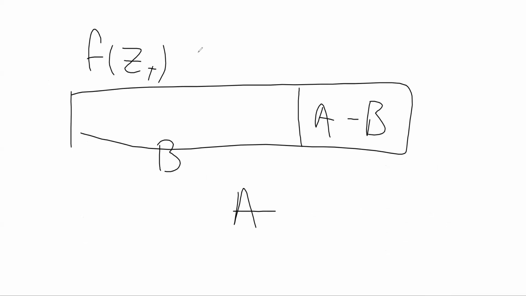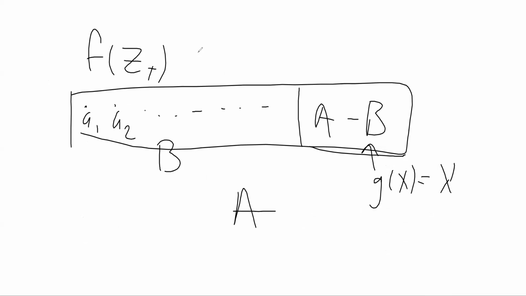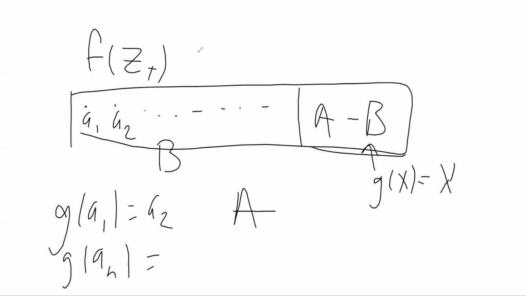And we define a function G. The way we define it is that for all stuff in here, G(x) is equal to X. So it doesn't do anything with those elements. They just stay the same. But with elements in here, A1, A2, and so on, G(A1) is equal to A2, G(An) equals An plus 1. So the function G shifts them by 1, right?